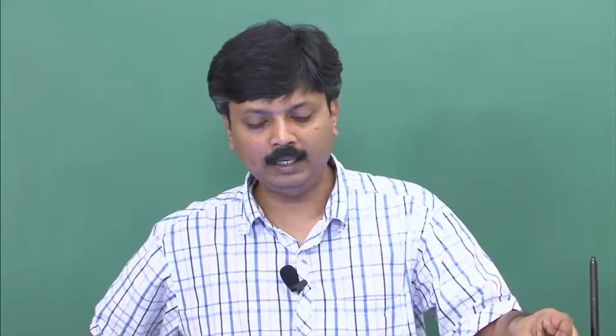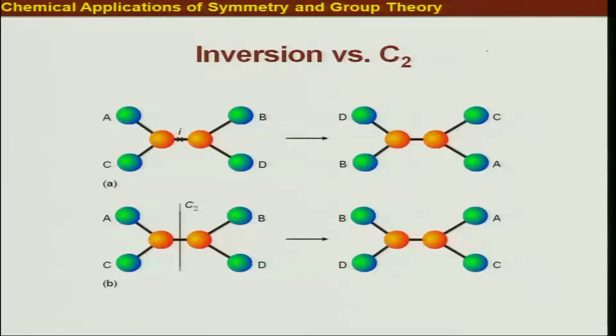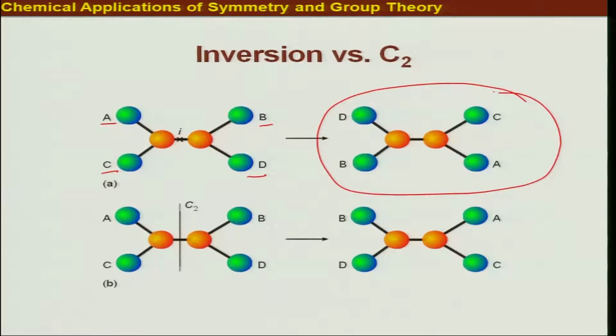If you look at the screen, you can see that all these hydrogen atoms of ethylene are marked by A, B and C and D, and then we can perform these symmetry operations I or the C2 on these 2 structures. So here clearly I, that is the inversion operation, will invert the structure. So A will go to the position of D and vice versa, and so B and C will interchange their position. So you will ultimately get this particular structure upon inversion symmetry operation.